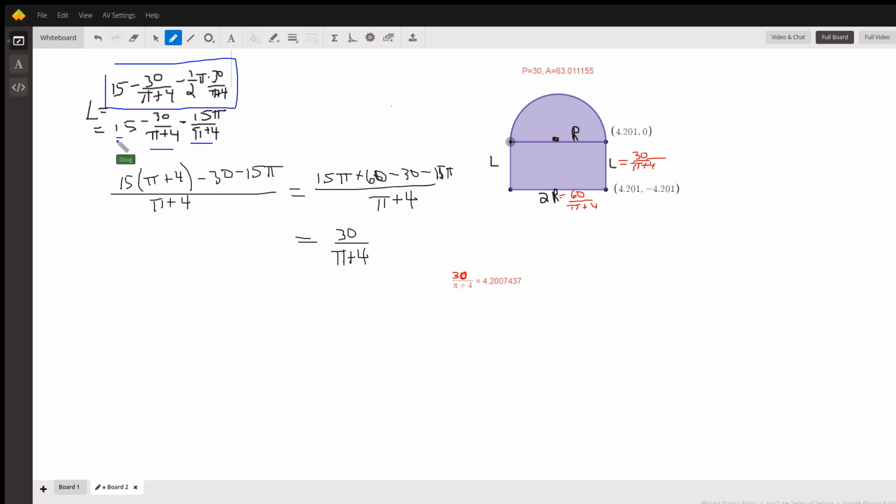Let's get a common denominator and put 15 over pi plus 4. Distribute the 15. Combine similar terms. And look at that, we get 30 over pi plus 4. Now, that's L. We haven't really answered the question yet.